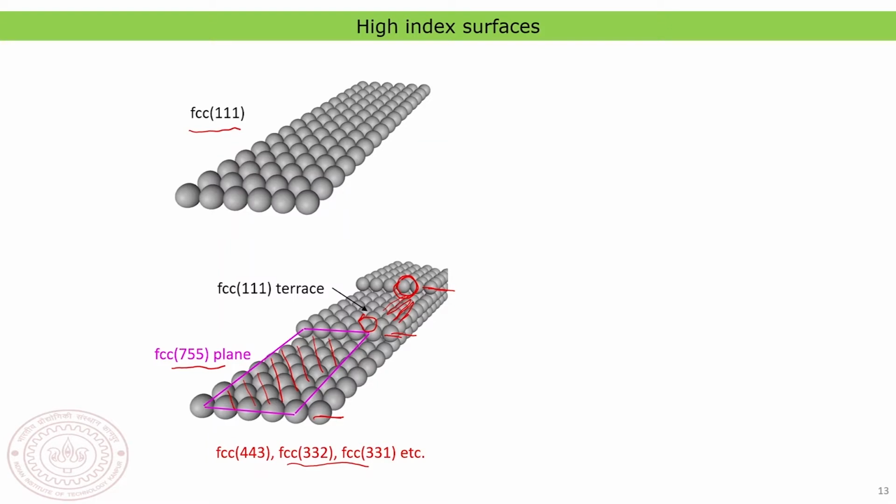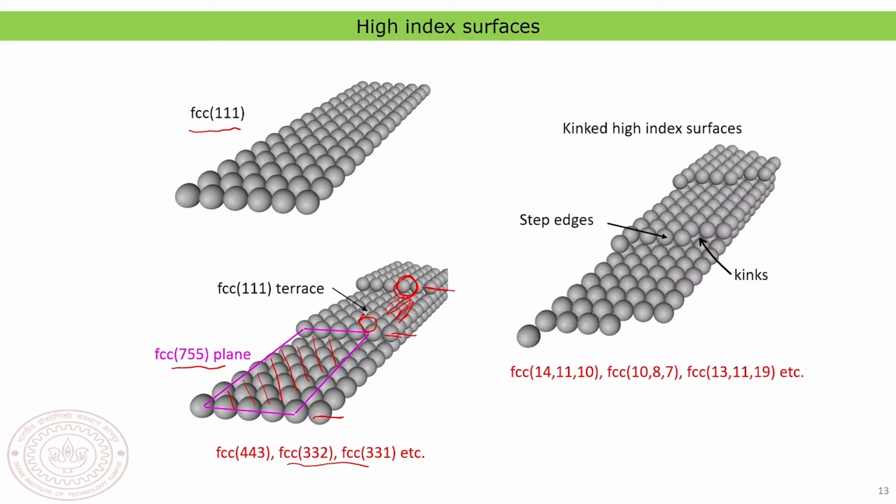And immediately when you have lower coordination, those atoms have higher reactivity. So that is the interesting aspect. That means as and when you create a high index surface, you are ideally creating surfaces that are more reactive in nature, or more rough in nature.